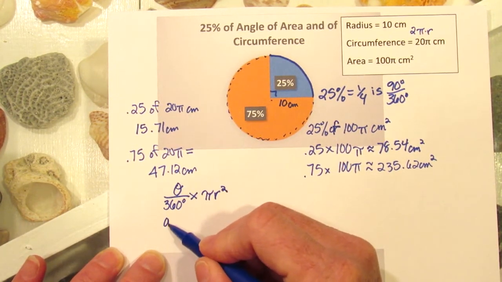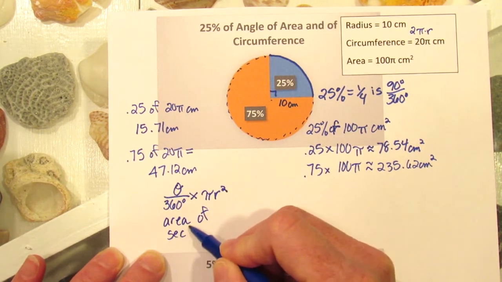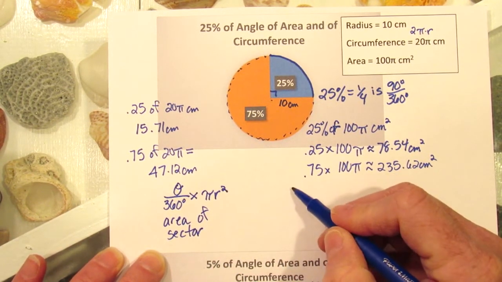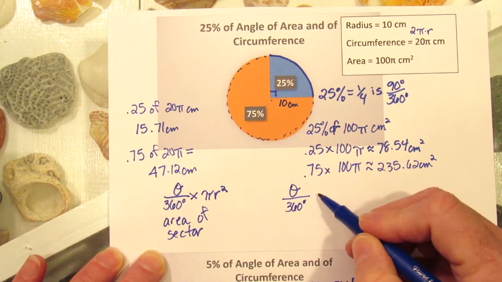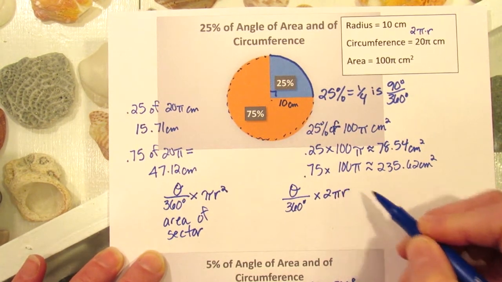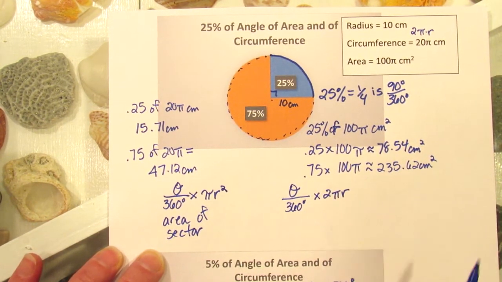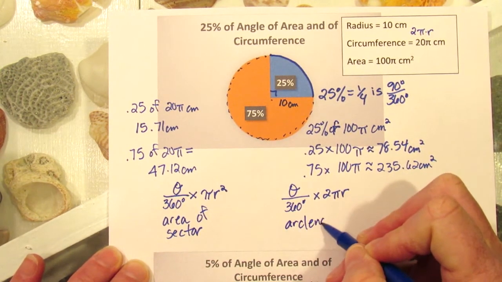So this gives me the area of the sector. If I want arc length, then it's that fraction or percent of 2 times pi times r, because that's the circumference of a circle. And that will give me the arc length.